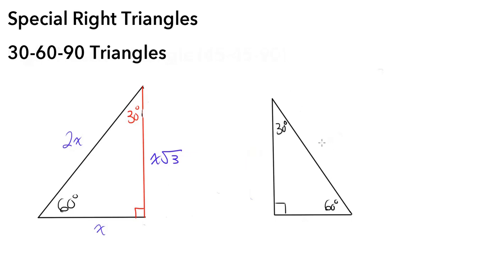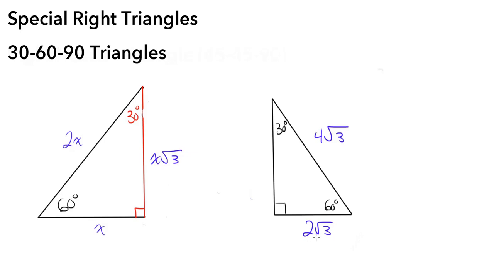What if my hypotenuse is something like 4 radical 3? So how do I find the sides? Well, let's think. Again, the shorter leg is half of the hypotenuse. So if the hypotenuse is 4 radical 3, then the shorter leg is 2 radical 3.